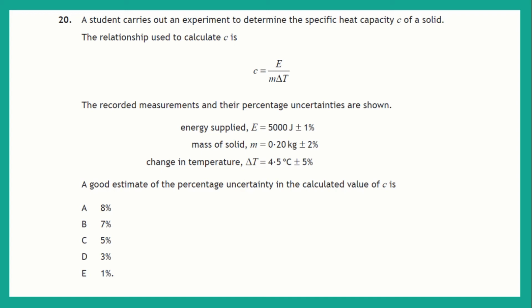You should have come across this equation in National 5 Physics: C = E over mΔT. We can see that we're given percentage uncertainties already in the energy, in the mass, and in the change in temperature. And we have 5 possible percentage uncertainties in C. I'll let you pause the video, have a think, and see if you can come up with an answer.